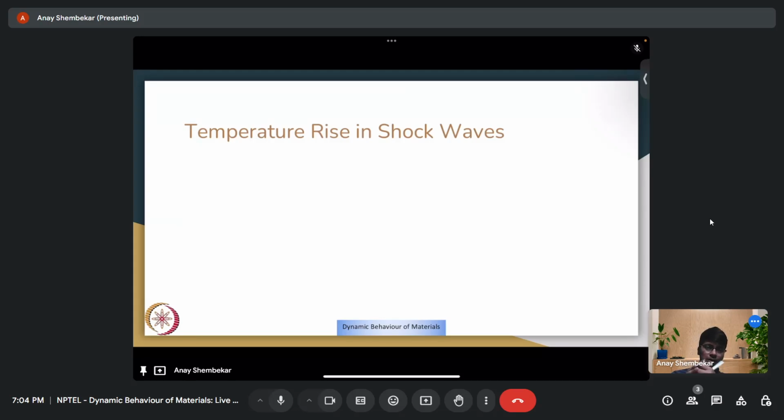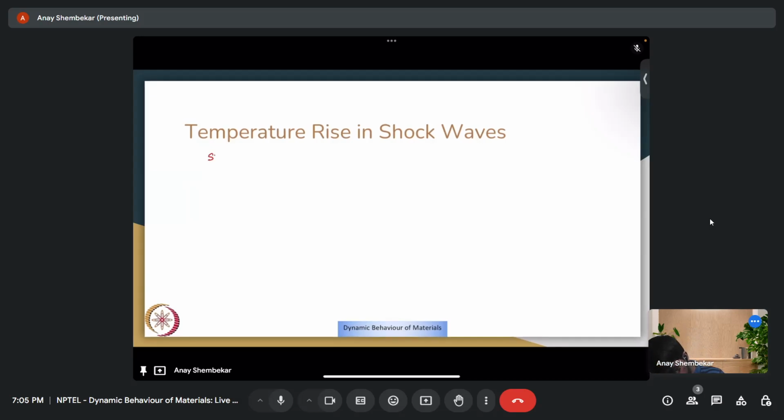We have already seen that this happens under certain conditions of high pressure and hydrodynamic loading, assuming no shear loads and so on. So it happens very rapidly. The material will be subjected to a very large pressure differential in a very small time, which means that the material gets compressed very quickly in a very small amount of time.